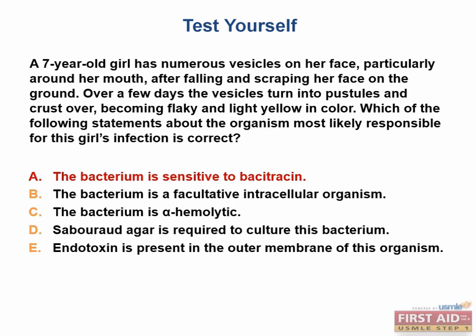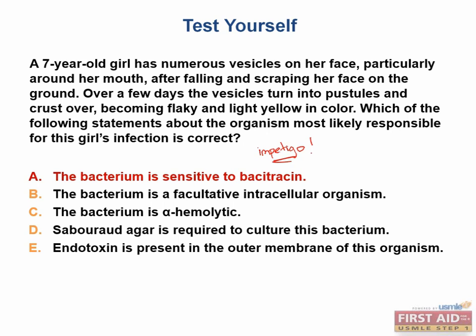The answer is A. This girl has impetigo, most likely caused by Strep pyogenes, a gram-positive group A beta hemolytic organism that is bacitracin sensitive. Bacitracin is used to differentiate S. pyogenes from S. agalactiae, which is bacitracin resistant, whereas optochin is used to differentiate S. pneumoniae, which is sensitive to optochin, from S. viridans, which is resistant.